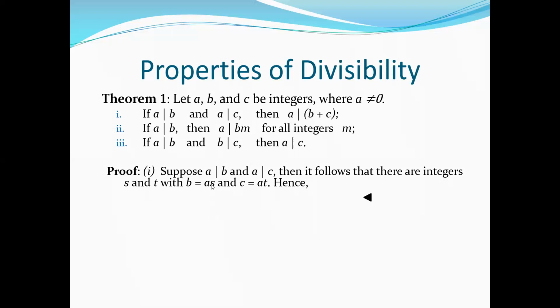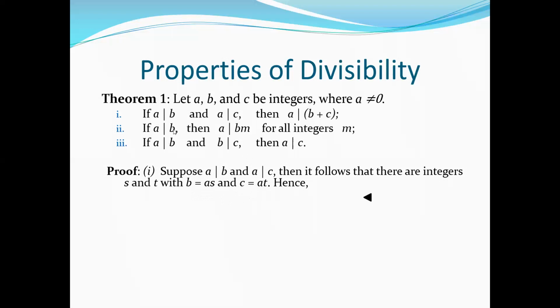So S will be multiplied to A to yield B, and we multiply A by T to yield C. So B is equal to AS and C is equal to AT.